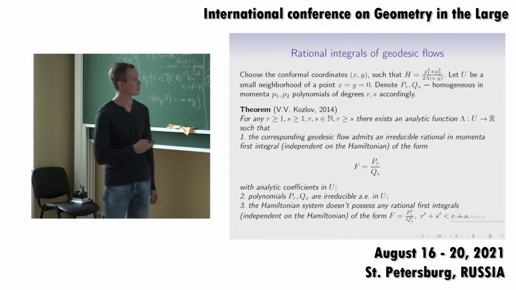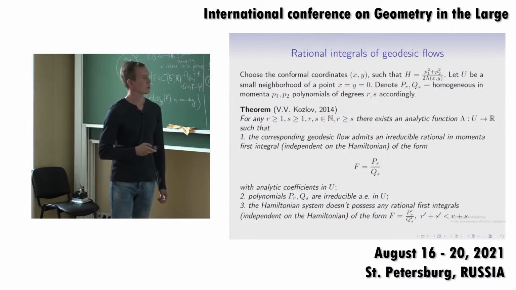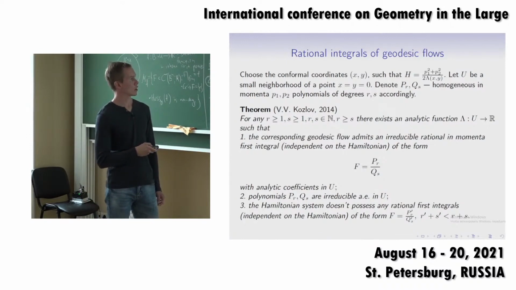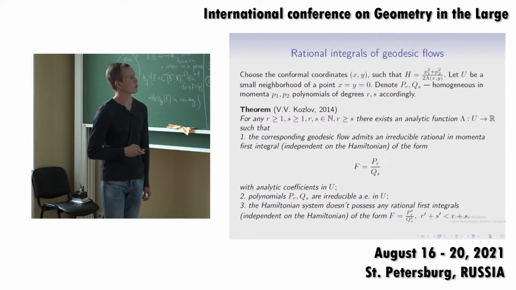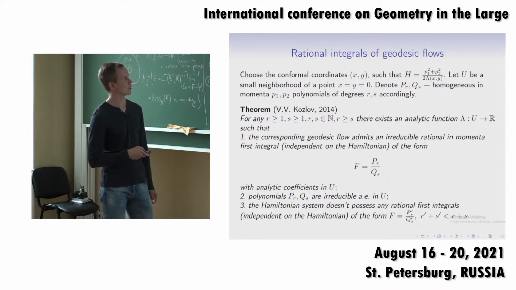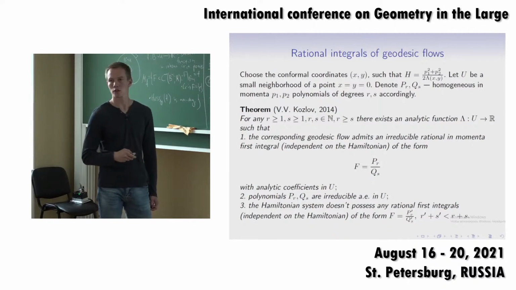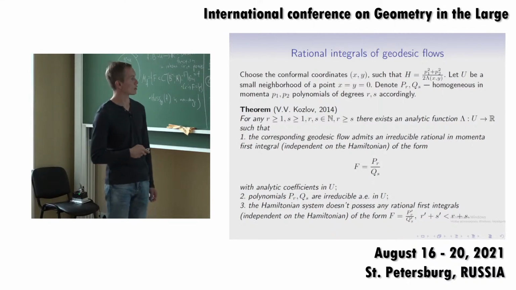And this is an analogous result for rational integrals of such a form, for any degrees of numerator and denominator. There always exists such a function lambda such that its geodesic flow admits such an integral. And this is a theorem of existence.